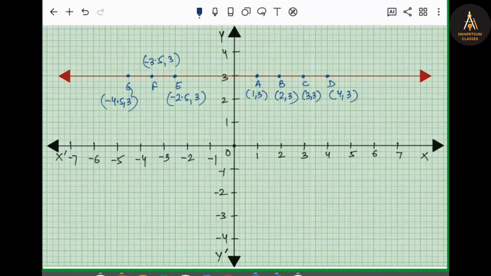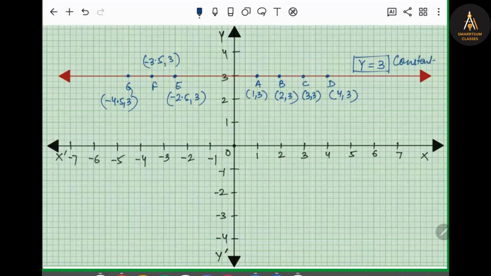So this type of line, which has a fixed value of a coordinate, this time the fixed value of the y coordinate, such a line is parallel to x-axis. And we say that this line is a line for y is equal to 3, meaning the value of y is a constant.